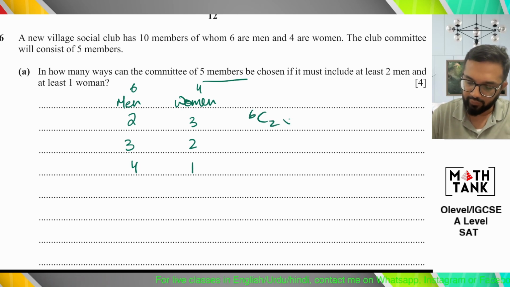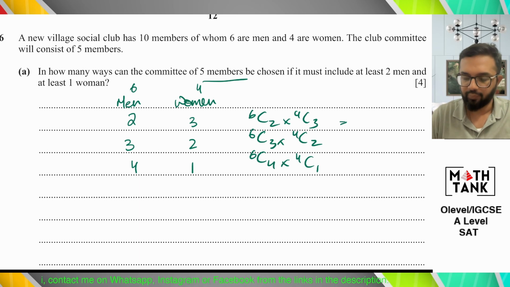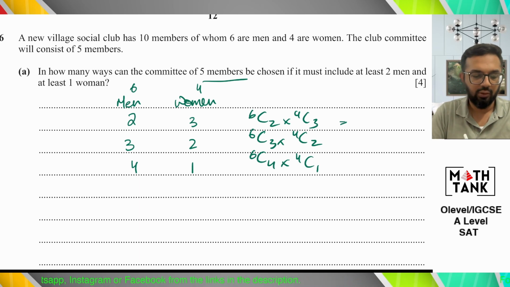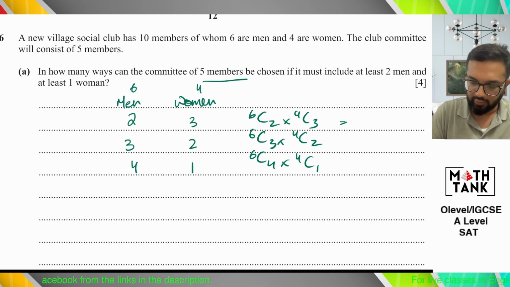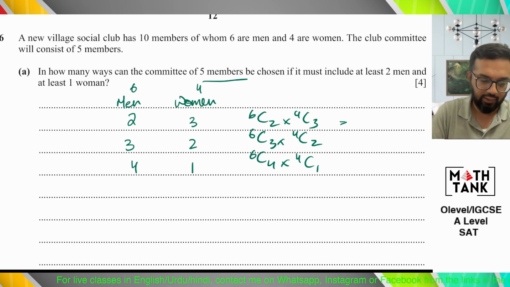So 6C2 into 4C3, 6C3 into 4C2, 6C4 into 4C1. Adding these up, yep.